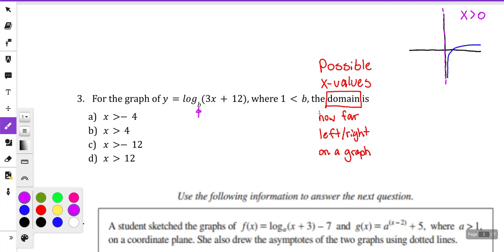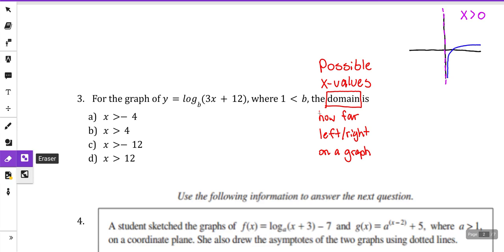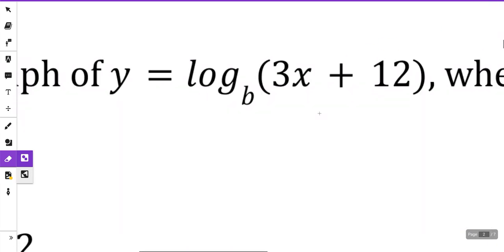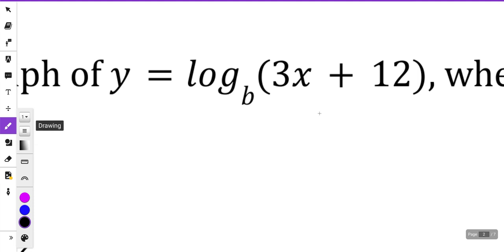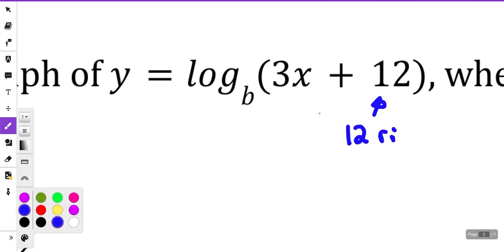Okay, my new function has been moved. There's been transformations there. The trap that a lot of people will fall into is they'll look at this and think that they can see the transformations in this form. And you actually can't. So the trap here is that people think it went 12 to the right. That is incorrect.